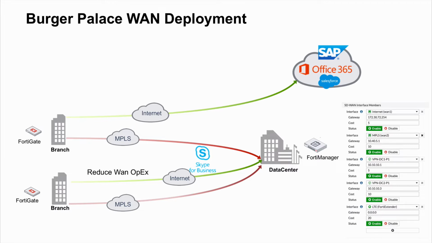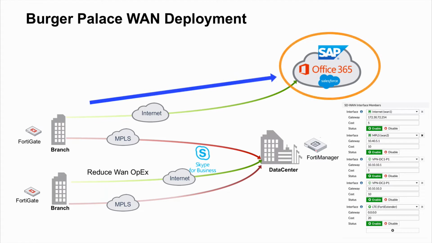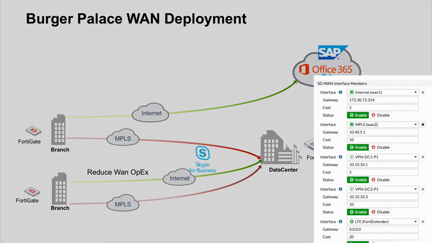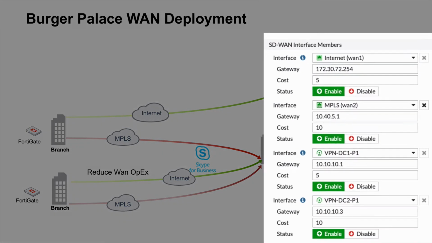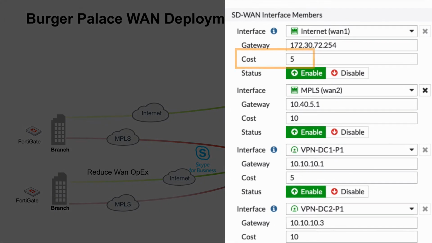Most of the traffic is backhauled to the data center, but we also want to break out some SaaS application traffic directly from the branch to the internet, and at the same time make sure that the traffic is secure. One thing that we've added in FortiOS 6.2 is the ability to assign costs to each link or SD-WAN member. We'll get into how to use this later on in the video.